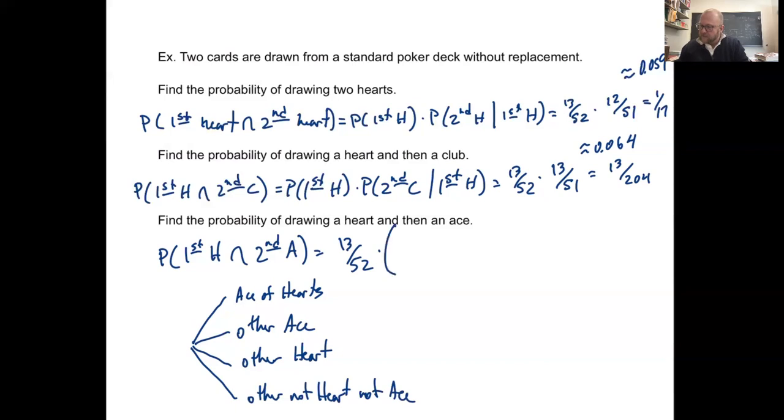So we'll have to break it down into those 4 possibilities, which are mutually exclusive, and then add up what happens there.